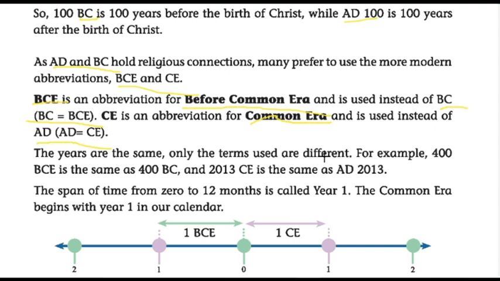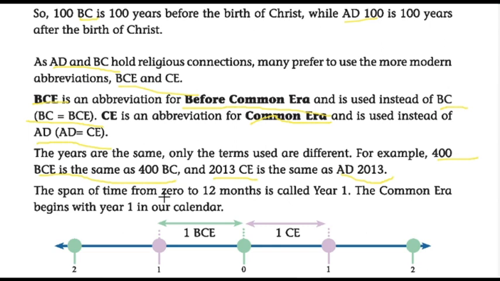For example, 400 BC is the same as 400 BCE. There are no changes to the years; they won't change any numbers, and they won't reduce or increase them. 400 BCE is the same as 400 BC, and 2013 CE is the same as AD 2013. The span of time from 0 to 12 months is called year 1.